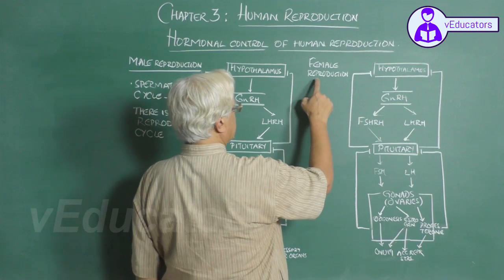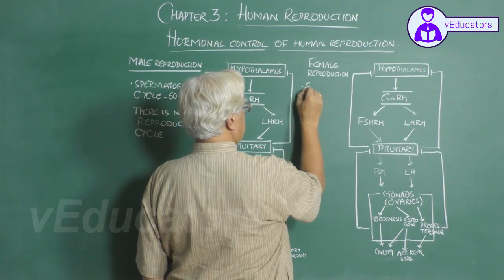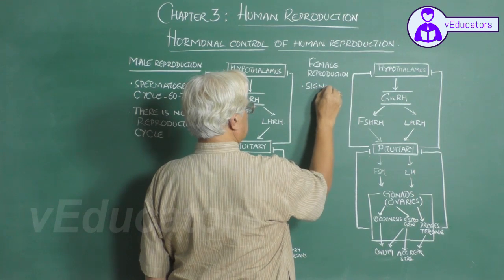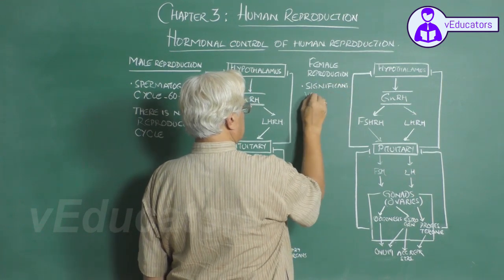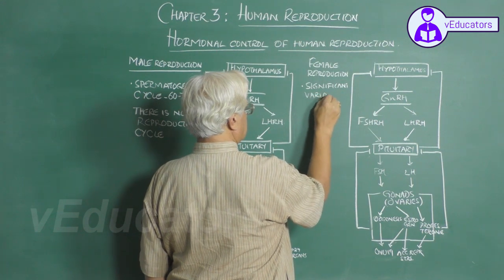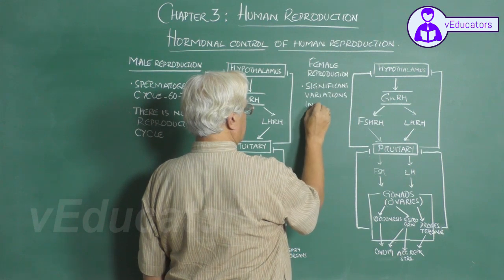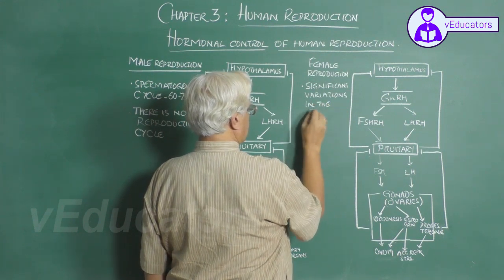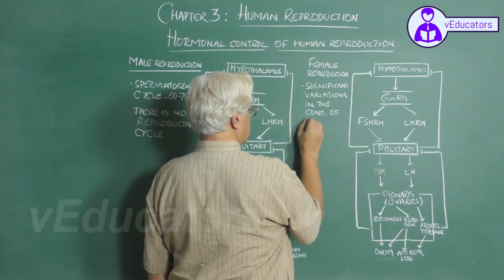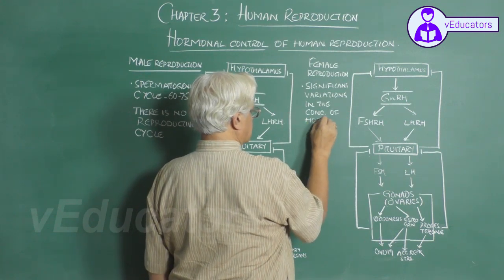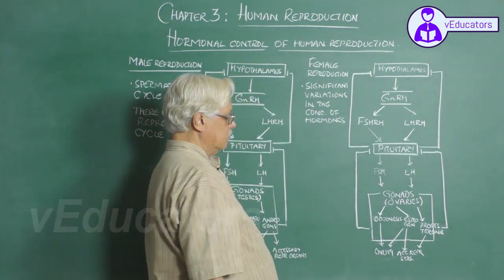So in female reproduction, one important aspect is you find significant variations in the concentration of the hormones that are involved in the control.